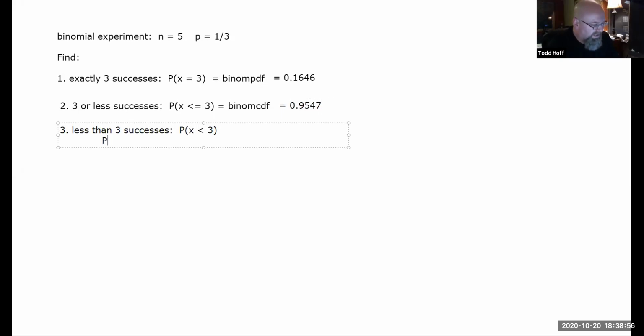Since this is discrete, the probability of being less than 3 is equivalent to the probability of being less than or equal to 2, because there's nothing between 2 and 3 that we're missing out on. So we're still going to do a binomial CDF, but we're doing it for 2, not for 3.